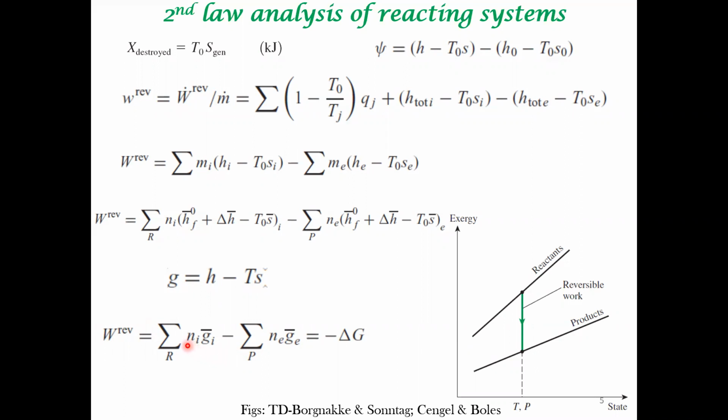So this is the number of moles times G of the reactants, minus the number of moles of the products times the Gibbs free energy of the products. This delta G is the reason why you get work out of the system. If there is an exothermic reaction, delta G will be negative, and negative delta G means the work you get is a positive quantity.